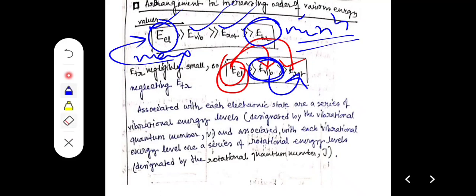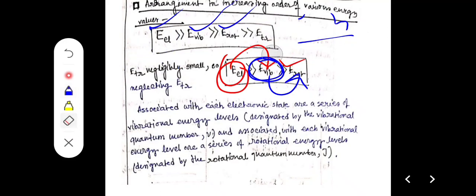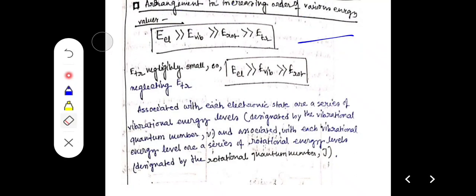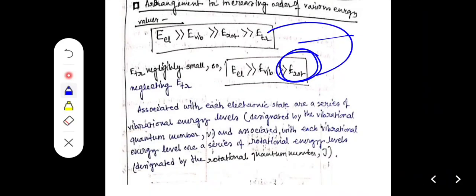Sometimes many books give that rotational energy also consists of many translational energy levels, but there can be variation from book to book.